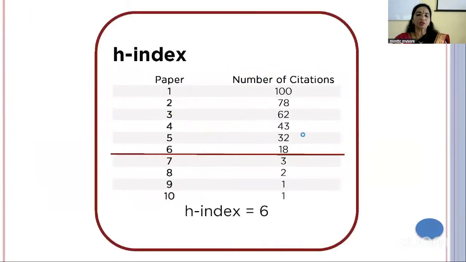Here you can see he has 6 papers which have been cited a minimum of 6 times. In order to get 18 as his H index, he should have published 18 papers which have been cited at least 18 times. Then only is his H index 18. Listen to me carefully, because your objective type questions come from these explanations only.